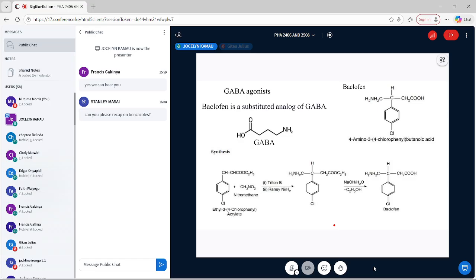Again, when we come to discuss antidepressants, therefore, they only give you sedation. So it's important to note that benzodiazepines do not just have muscle relaxant activity. They can be used as anticonvulsants.